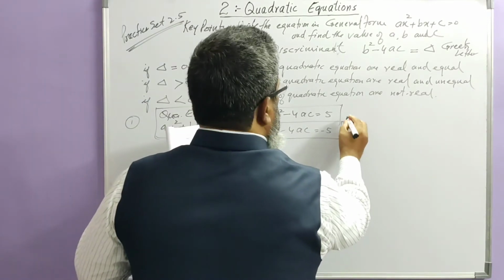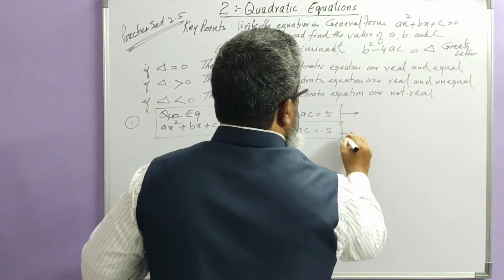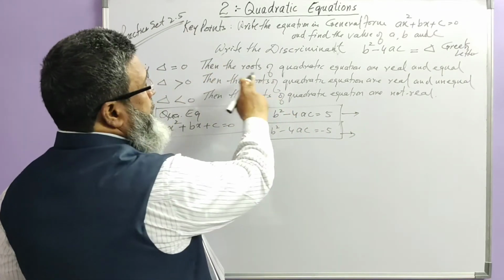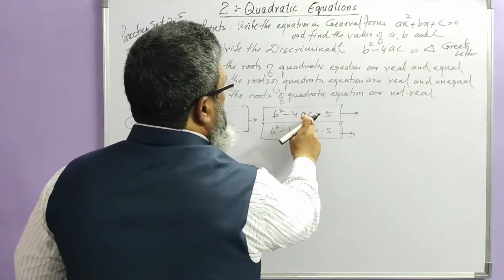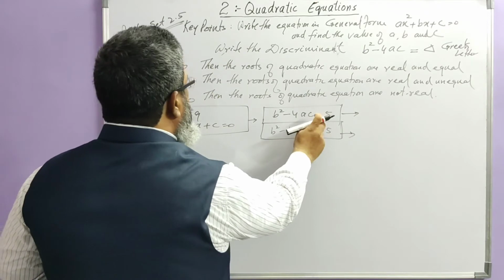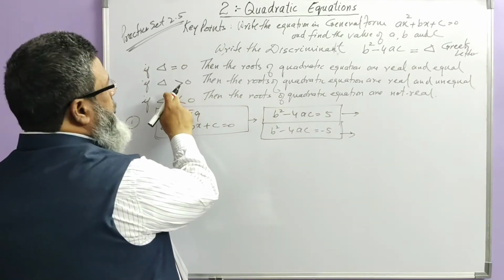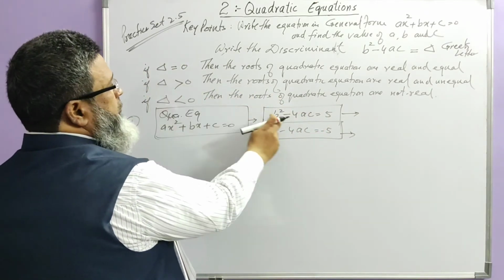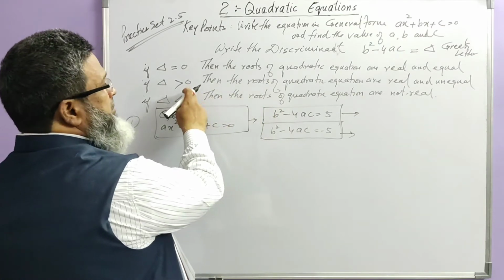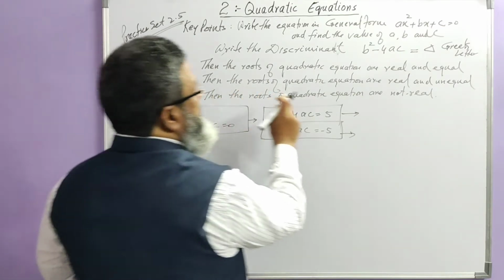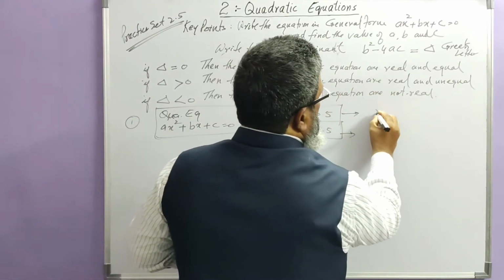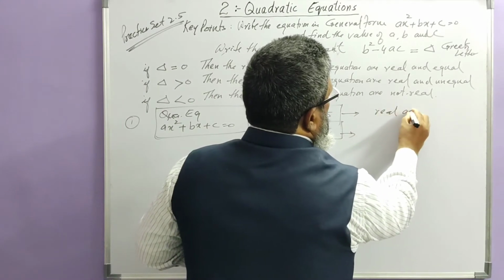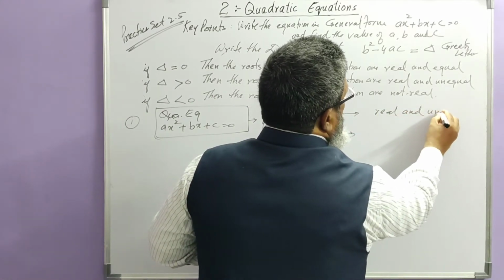So what will happen? From this formula, b square minus 4ac is 5. 5 is greater than 0. If b square minus 4ac is greater than 0, it means delta is greater than 0, then the roots are real and unequal.